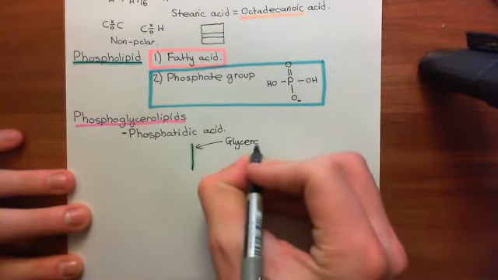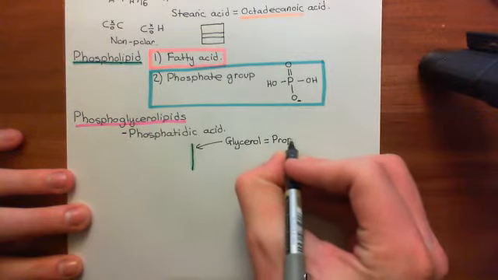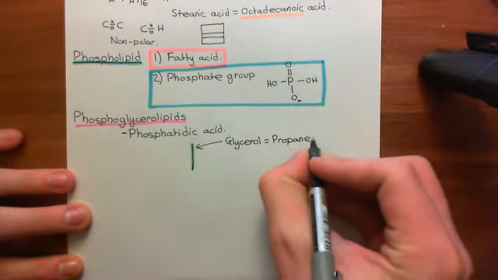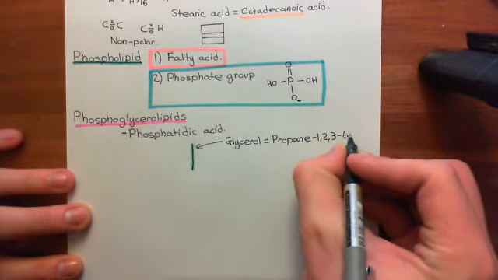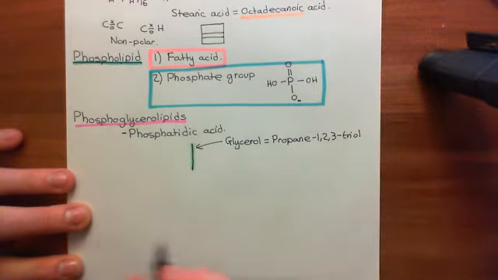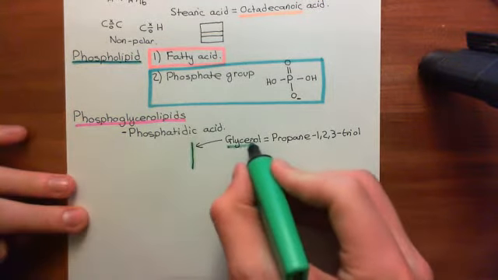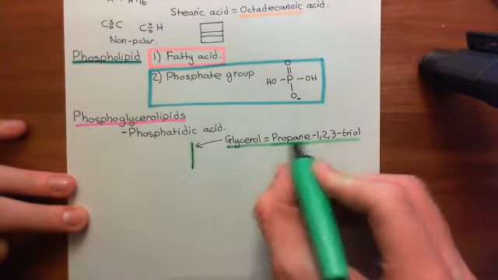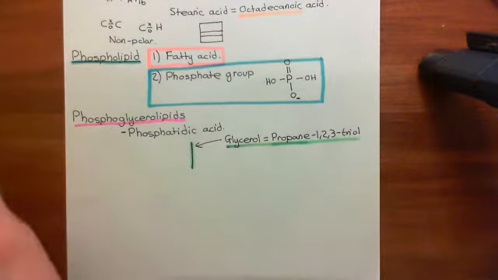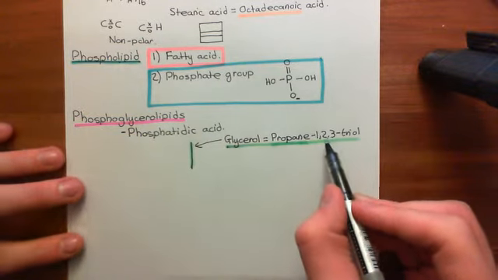Glycerol is the old name for a molecule that would now be called propane 1,2,3-triol. Although propane 1,2,3-triol is certainly more of a mouthful than glycerol, it's a useful name because it tells us exactly what we're dealing with here. It tells us that we're dealing with a 3-carbon molecule, propane, where we have alcohol groups coming off the first, the second, and the third carbons.